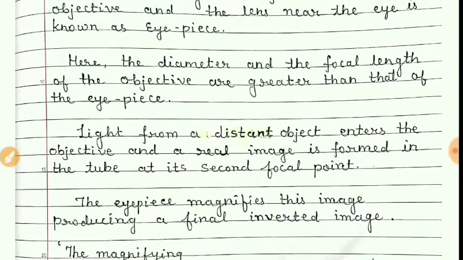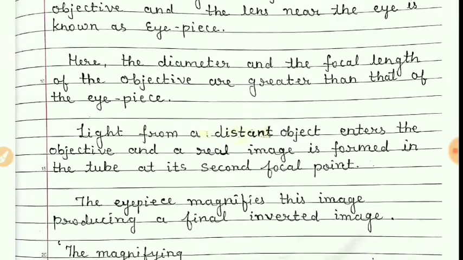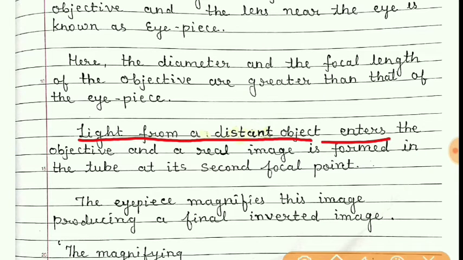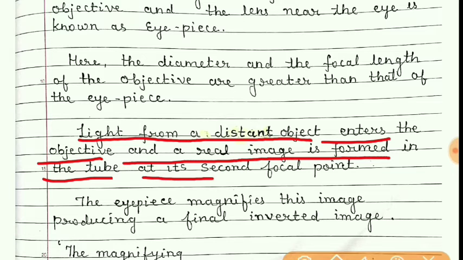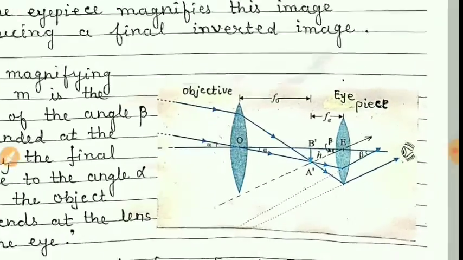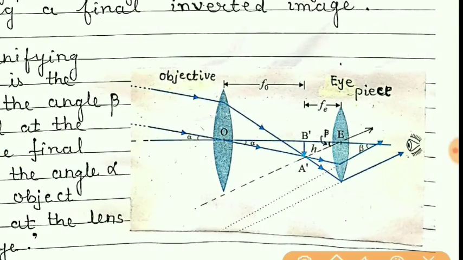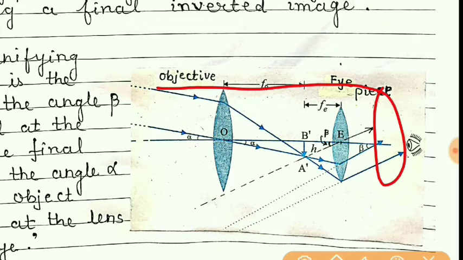Now, light from a distant object enters the objective and a real image is formed in the tube at its second focal point. Now students, these lenses are kept inside a tube.